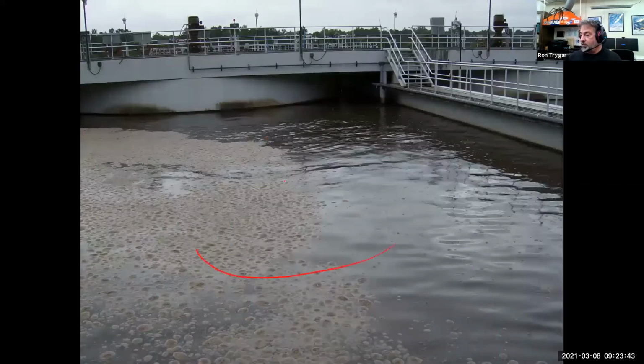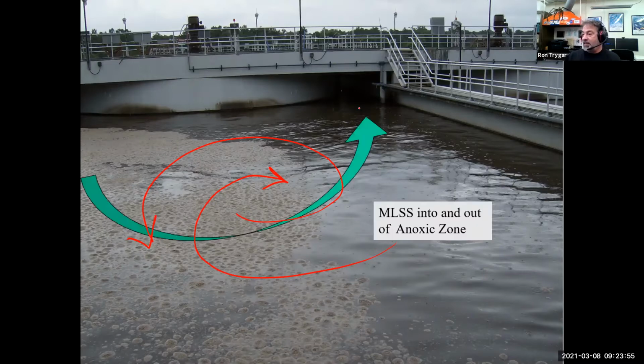There's a submersible mixer in here that's getting this all mixed up real good, and we're getting intimate contact of the raw sewage with the bacteria and the amount of nitrate coming in. So there's mixing occurring, the nitrate is coming in, and then it comes off as nitrogen gas. So the mixed liquor comes in and then back into the aeration zone on that other channel.